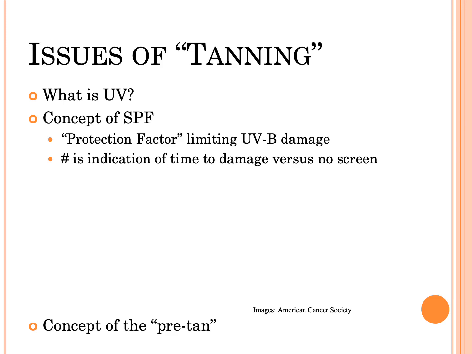And with most of the carcinogenic issues, it has to deal with the amount in lifespan of damage that you get. And so by doing these pre-tanning episodes or going indoors, what you're actually doing is limiting how much time you can tan outside, how much UV exposure you can get when you're outside.